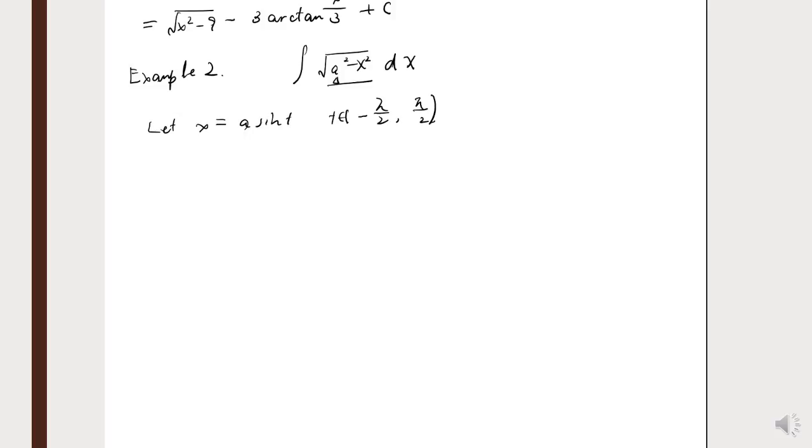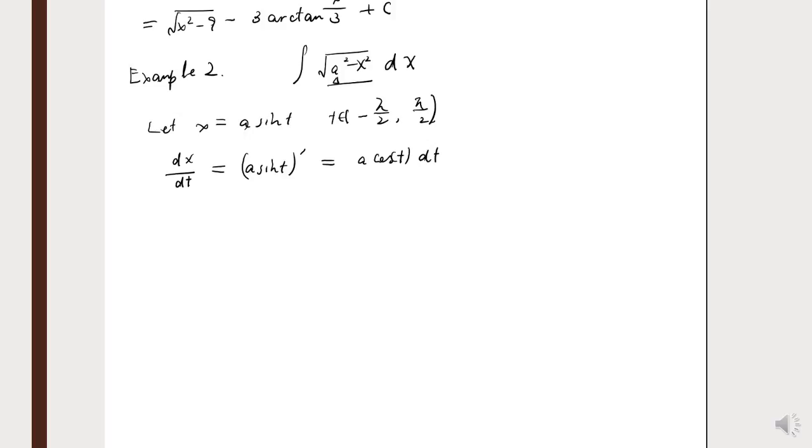This time, let's find out what dx will become in the language of dt. Let's do dx over dt to find out the derivative first. So we take A sine t, and we have A cosine t dt.